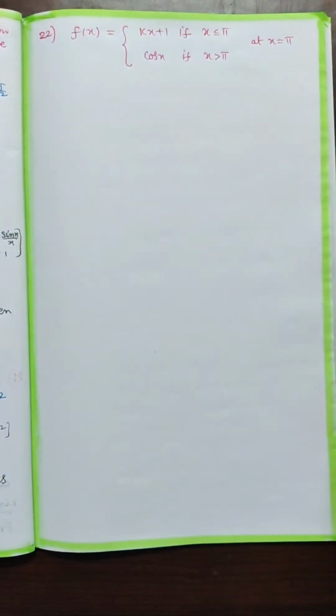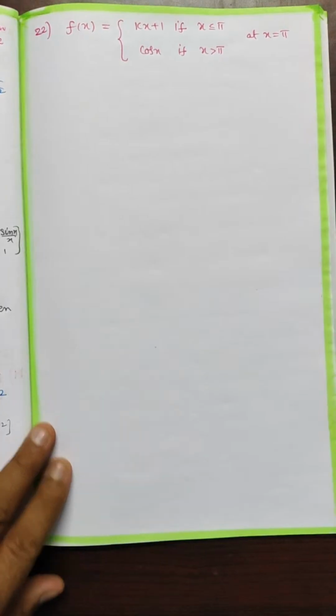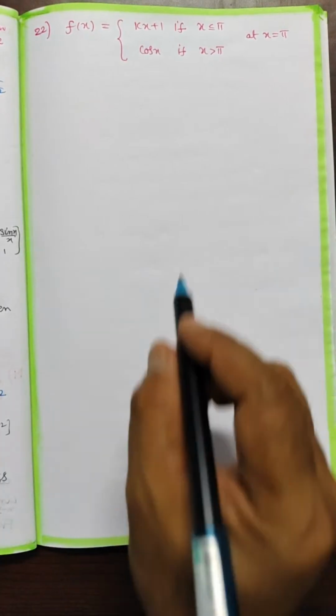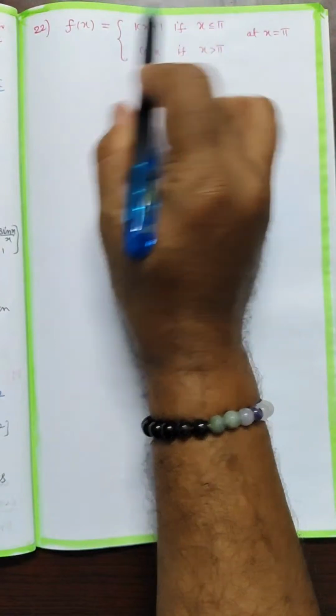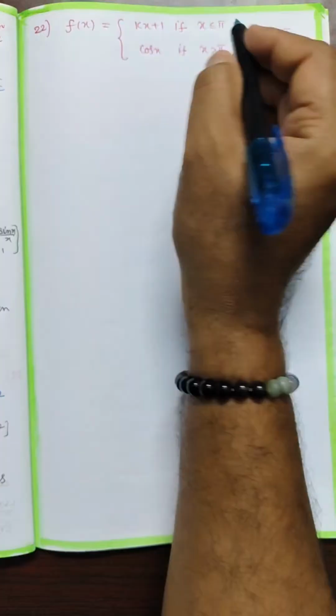This is the question. At x is equal to pi, the function value. Here, whenever less than or greater than is given, left hand limit, right hand limit, all we can calculate.